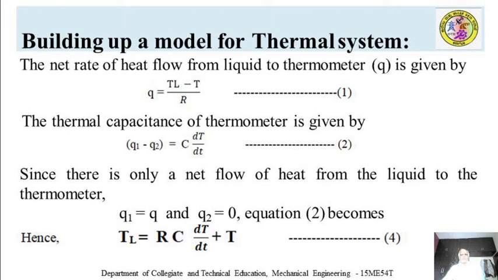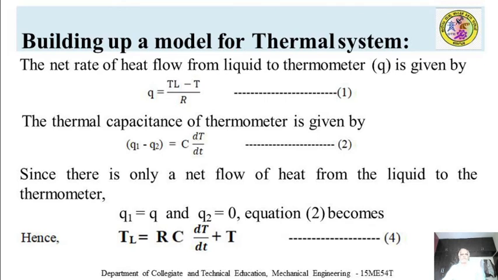Only the net flow of heat from the liquid to the thermometer is considered. So Q1 is equal to Q, and there is no flow of heat out of the system, so Q2 equals 0. Equation 2 becomes like this.